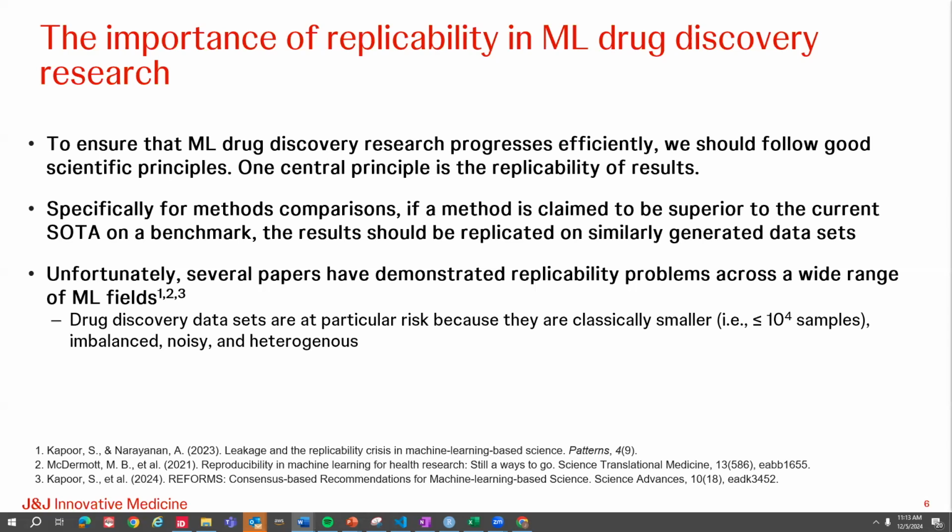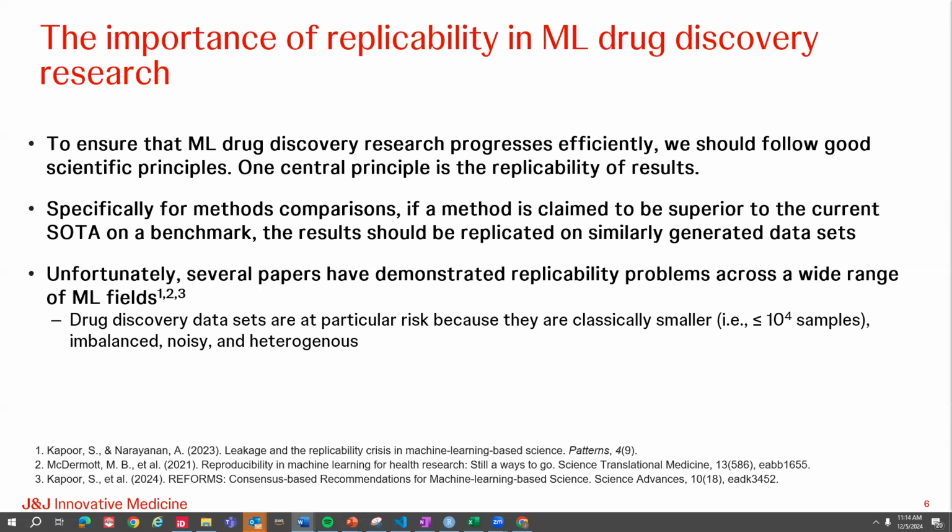The first 2 papers here cover biology and chemistry, but also modern fields like computer vision and natural language processing. This second paper here is focused on statistical replicability, which is something that we go into depth on in our paper as well.